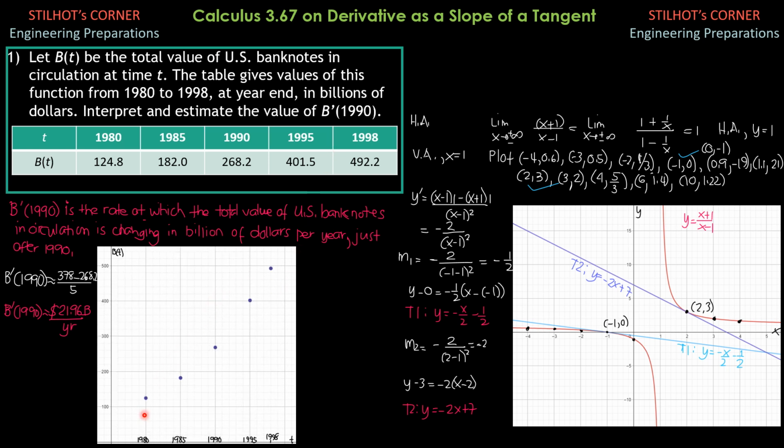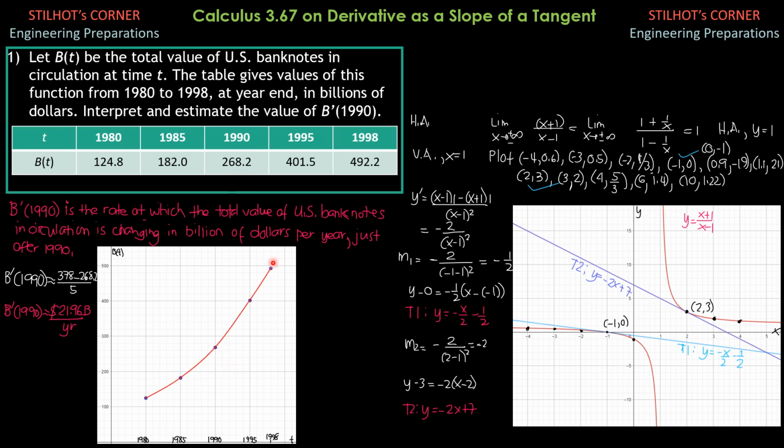So these are the plotted points: 1980, $124.8 billion. This is in billion dollars, and this is the year 1985. We have 182, 1990, 268.2, 1995, 401.5, and 1998, 492.2. So we draw the tangent at 1990 here.